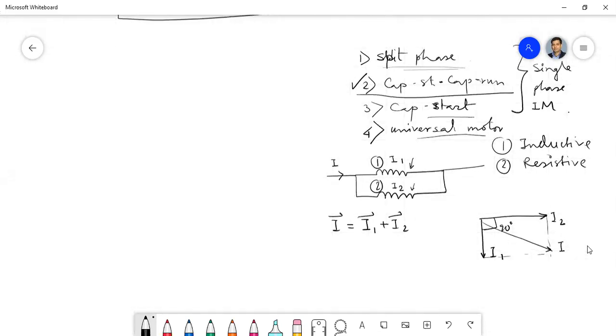Another option: number 1 you make capacitive, number 2 resistive, then it will be 90 degree leading. In that way also you can split the phase. Are you getting it? So different options are available if you want to split the phase.